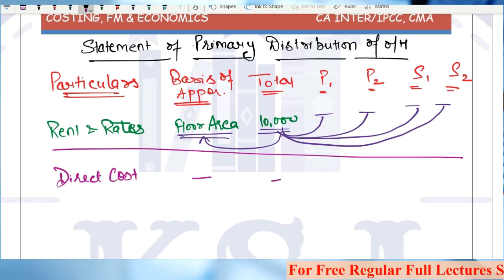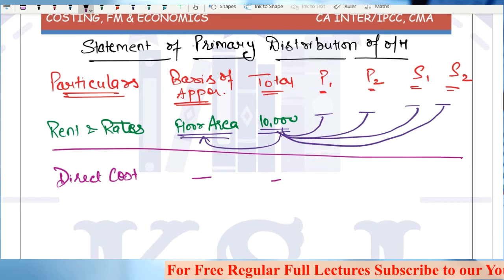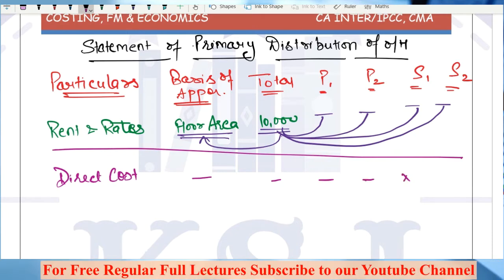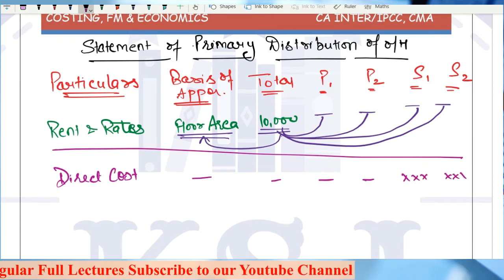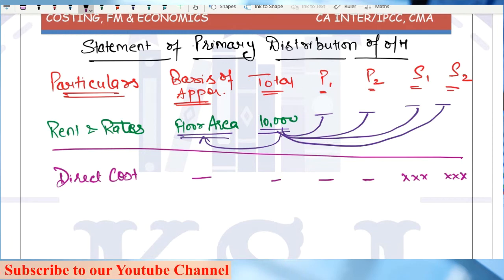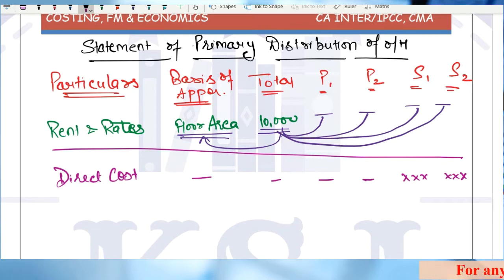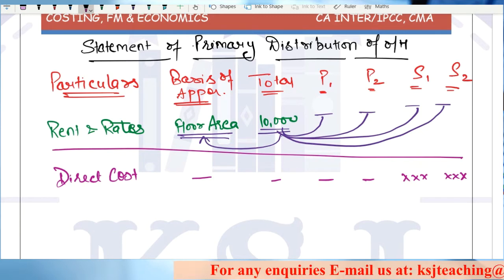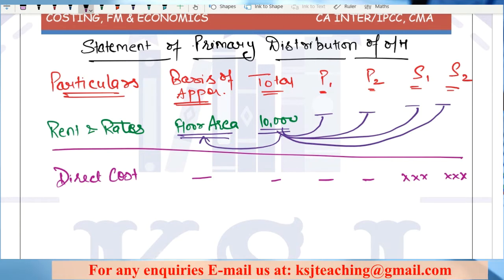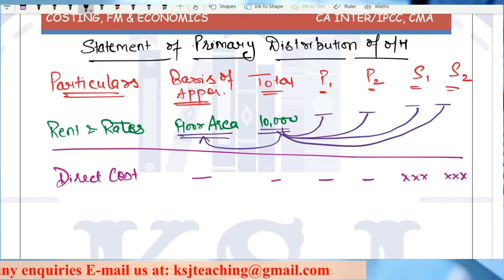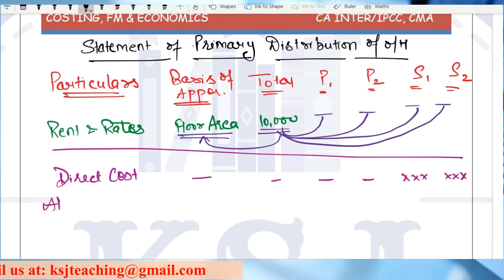The direct cost is to be taken only and only for service departments, and not for production departments. Any doubts? So direct cost of only and only service departments is to be taken, and no direct cost of production departments.